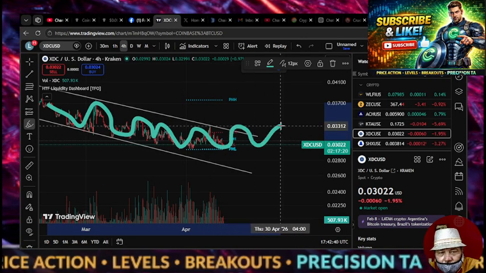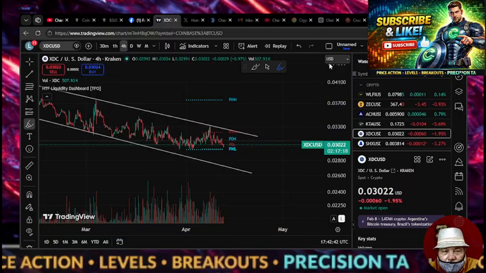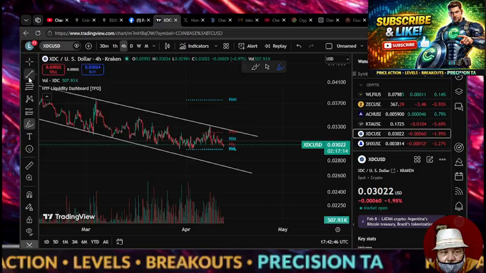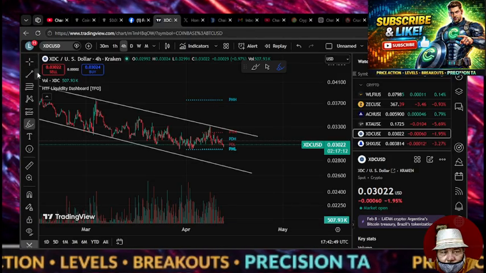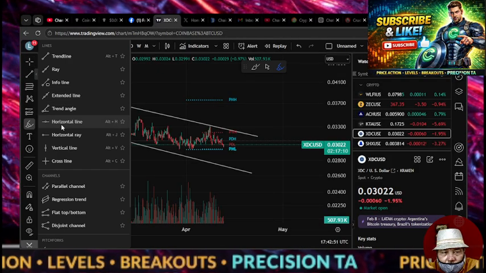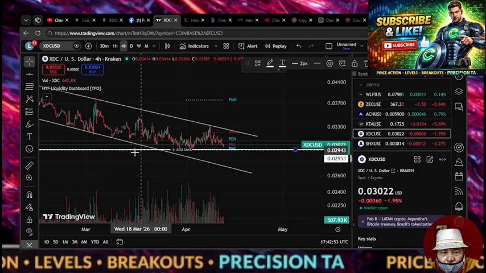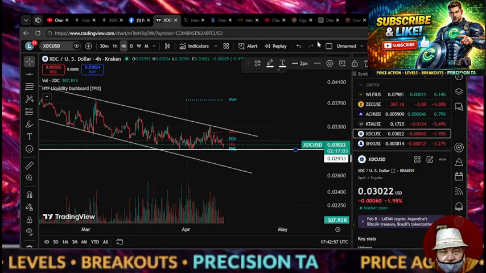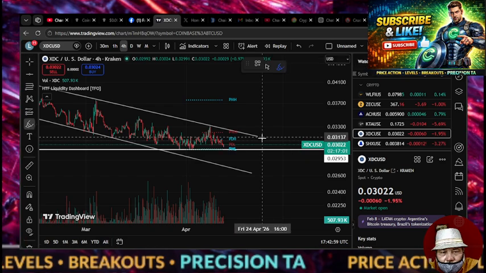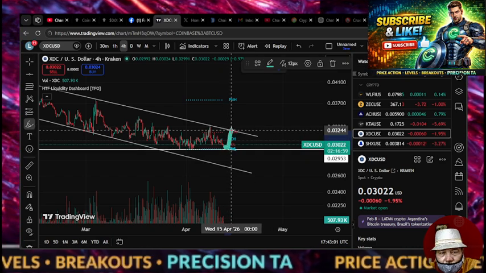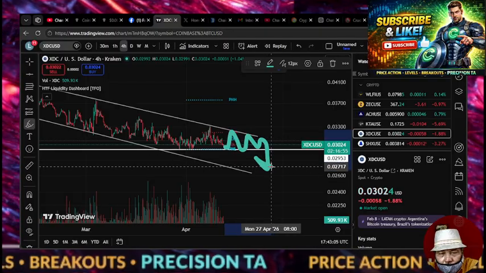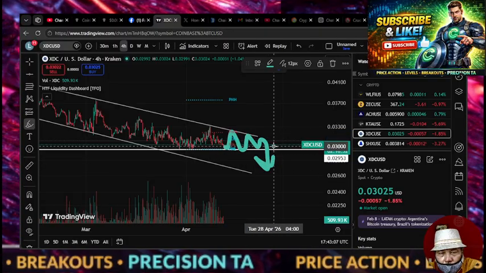We could just consolidate coming across here for a while, just going up and down, before we break down or break up.